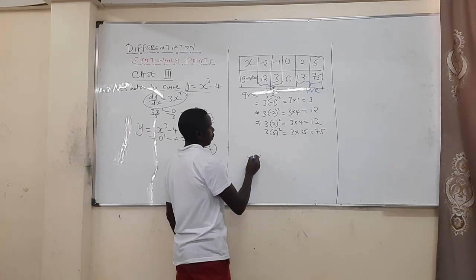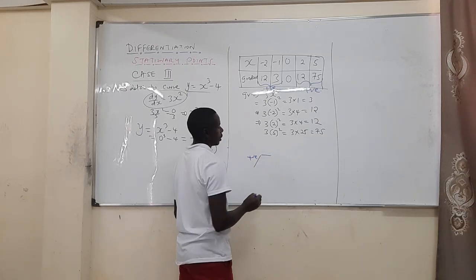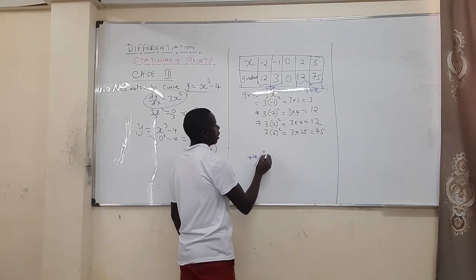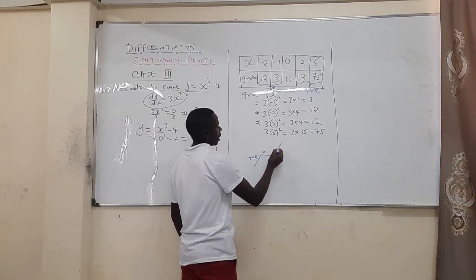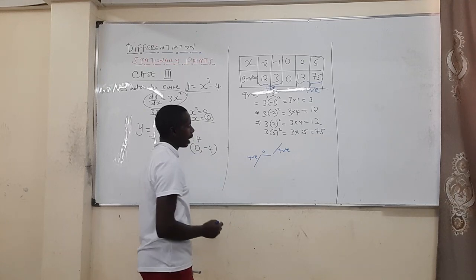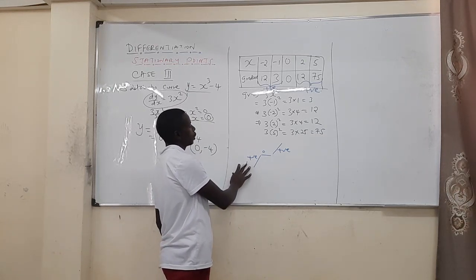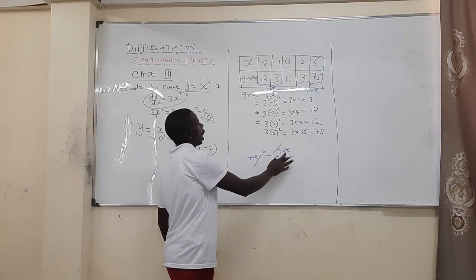That is the positive representation. Then 0 is a horizontal line, that is the 0 gradient, then positive again, like that. So that is how you can have a graphical representation of positive, 0, and then positive.